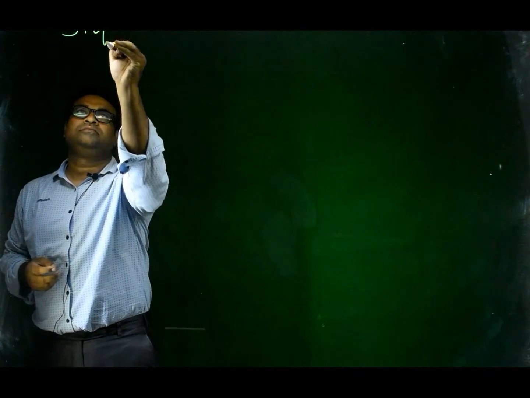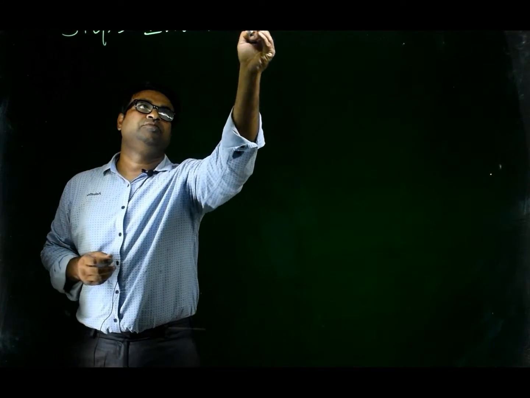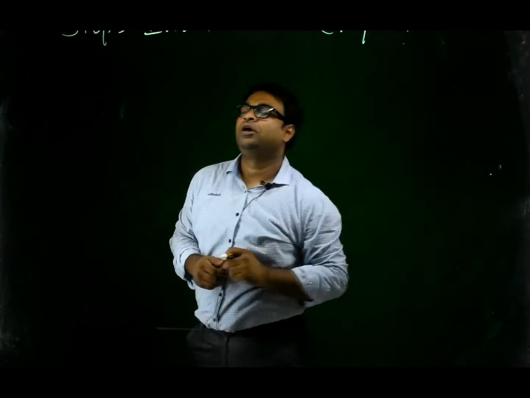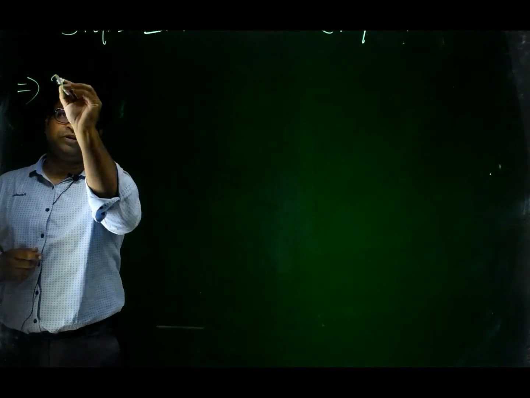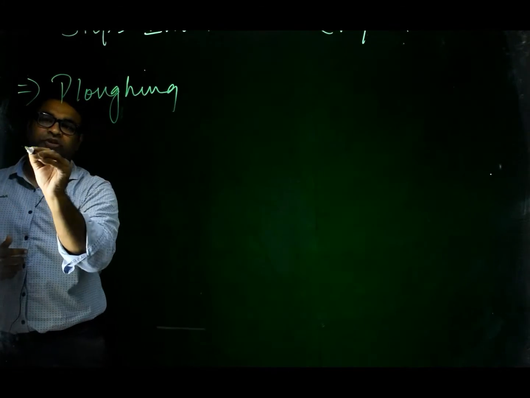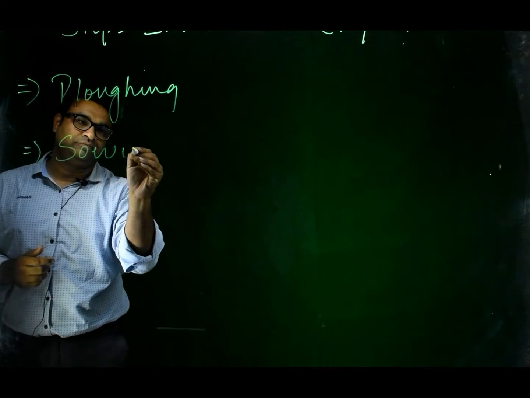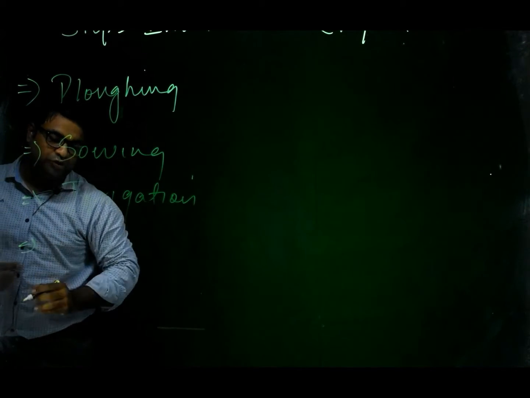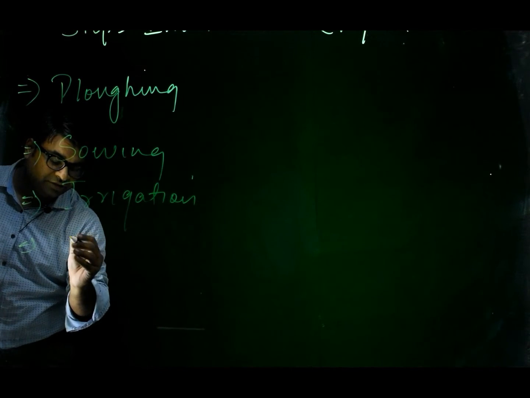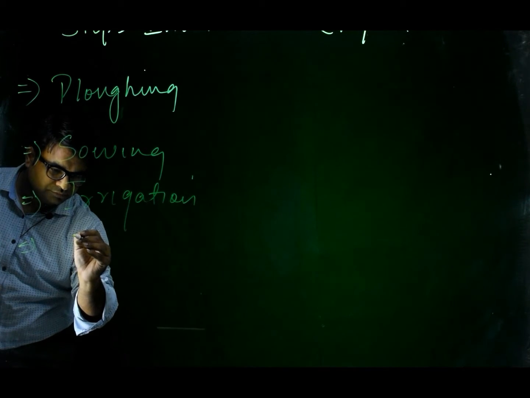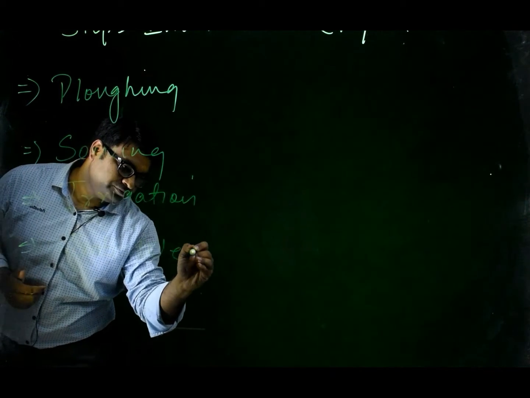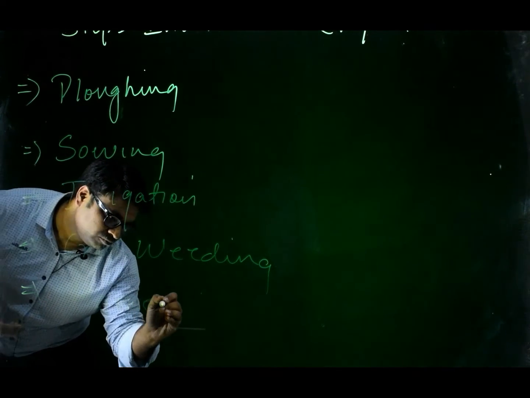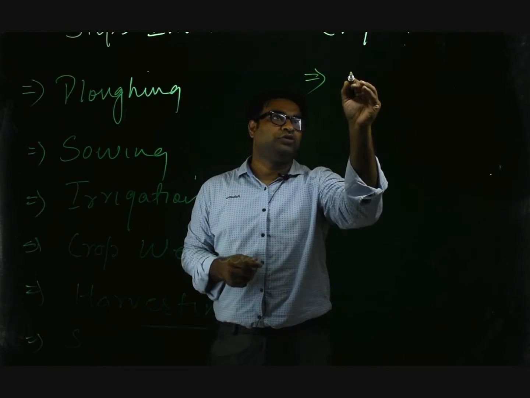The steps involved in crop production are: first, ploughing; second, sowing; third, irrigation; fourth, crop weeding; next, harvesting; and the last one is storage.